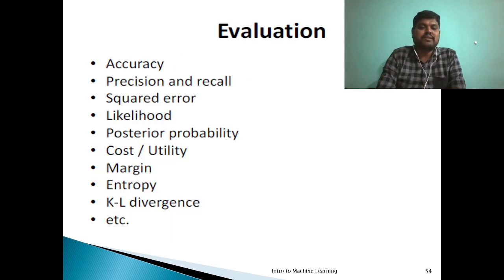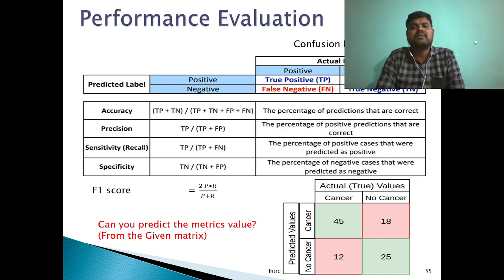So there are various evaluation metrics, right? Out of all those, the most popular ones are accuracy, precision, and recall. We will discuss these evaluation metrics with an example in the next module, right? So these are the formulas used to calculate the accuracy, precision, recall, and specificity, right?